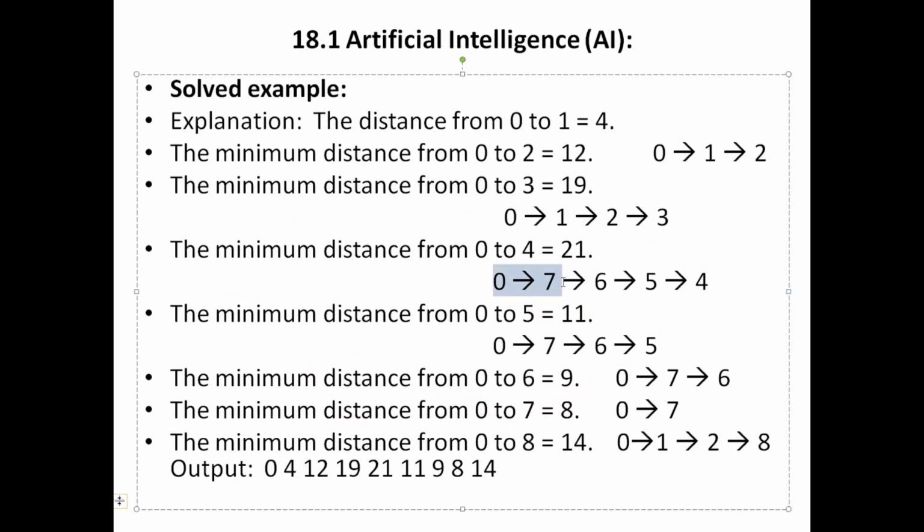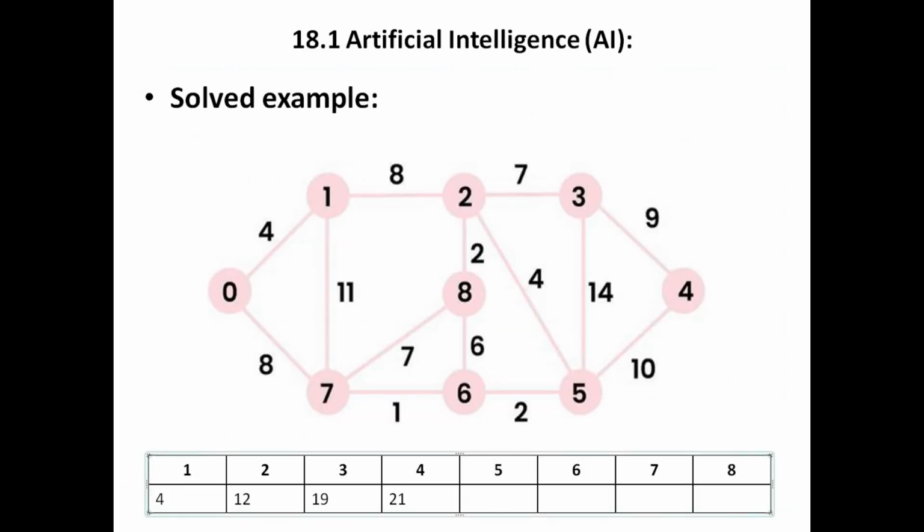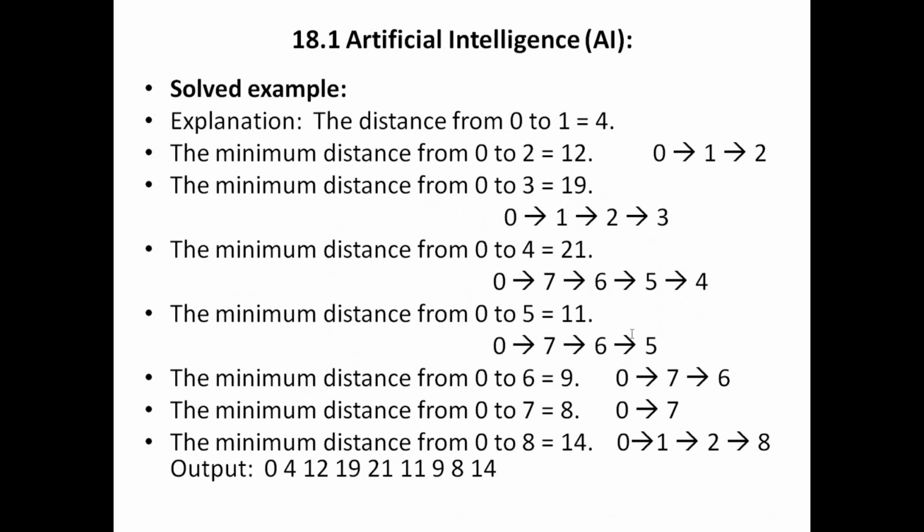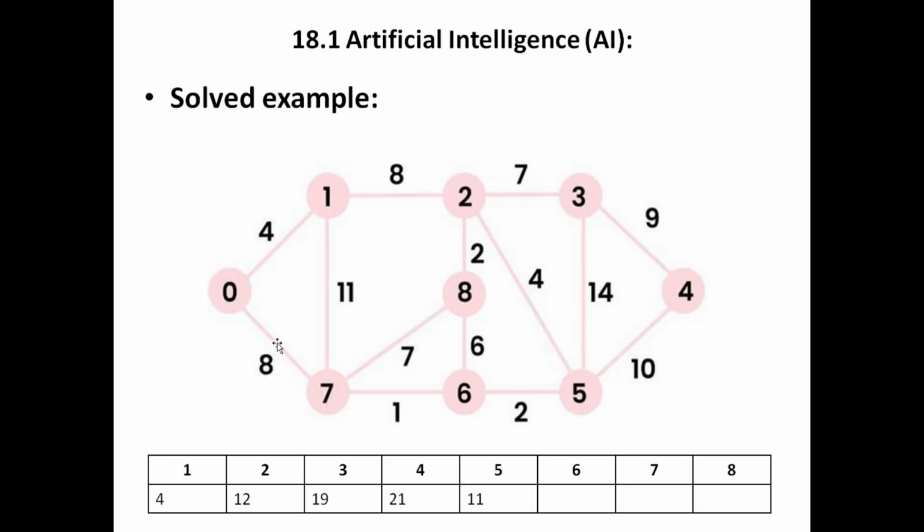It will be 0 to 7, 7 to 6, 6 to 5 and 5 to 4. You will need to record this path somewhere as well. The minimum distance from 0 to 5 will be 11. So you'll write 11 over here and you'll record this path somewhere, that okay, from 0 to 7, then you go from 7 to 6 and then you go from 6 to 5. That will be the shortest path.